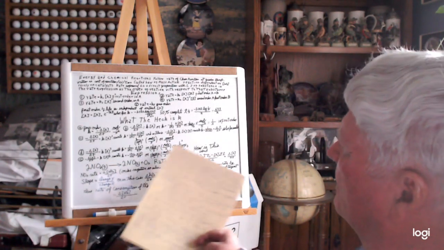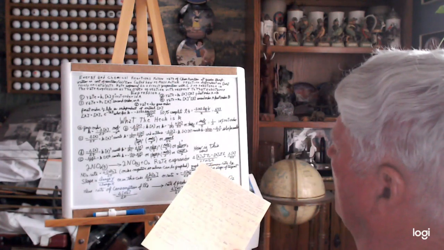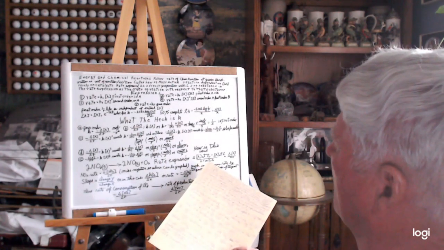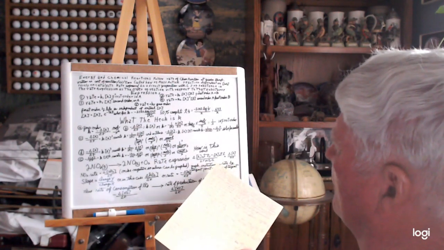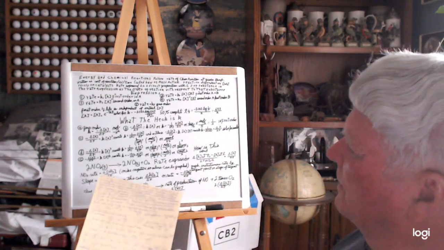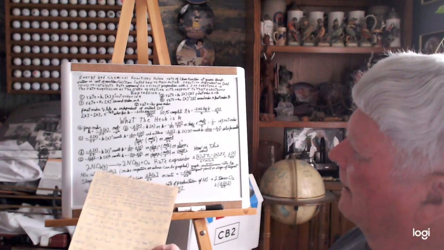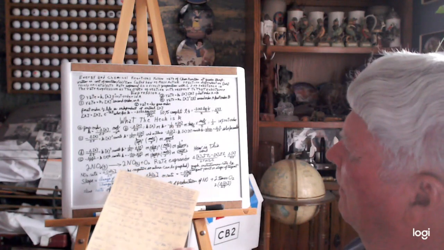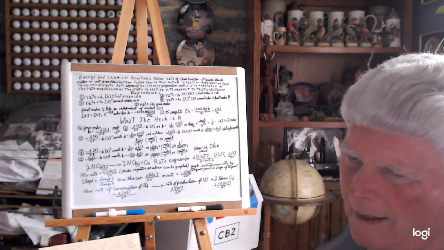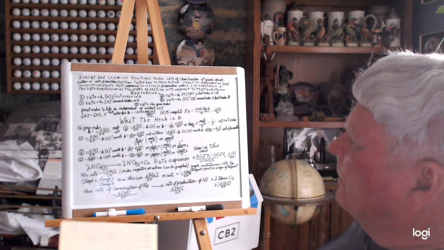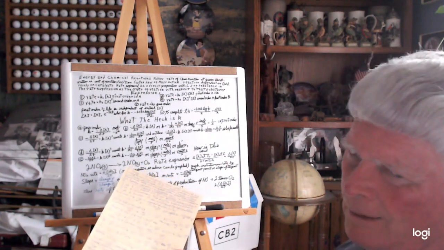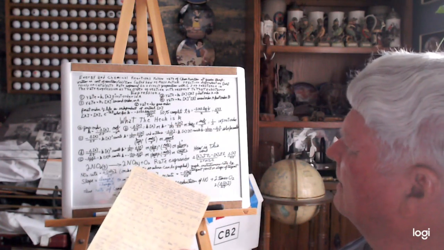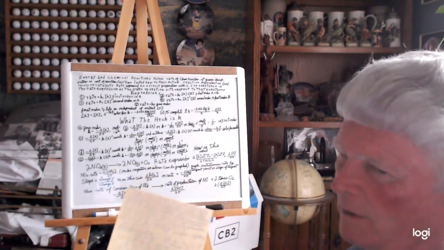Again, all of these come out to be subtracted time functions. So we're going to say nitrogen dioxide breaks down to form nitrogen monoxide plus oxygen gas.